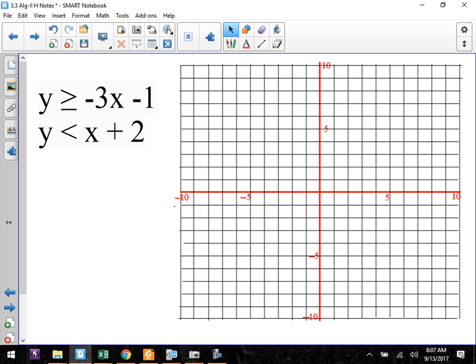Correct. So same basic principle here, ladies and gentlemen, whereas instead of being in cover and solve format, we're in slope-intercept form. So you start at -1. Down 3, over 1. Up 3, over 1, and so on. Between those two, do I connect them with a solid or a dotted line? Solid, very good.